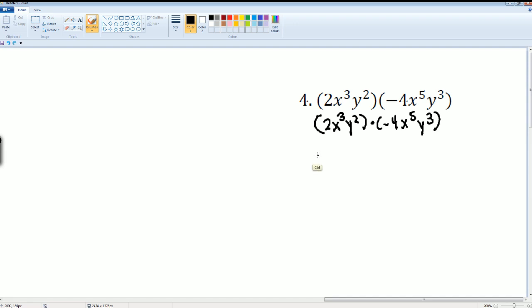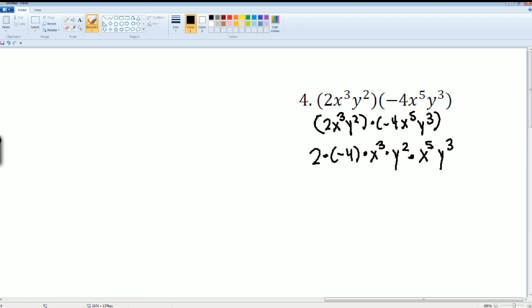So 2 times negative 4, then you have y cubed times y squared, times x to the 5, y to the third. The 2 comes from right here, negative 4 comes from right there, x cubed comes from right here, y squared comes from right here, x to the fifth comes right here, y cubed comes right there.